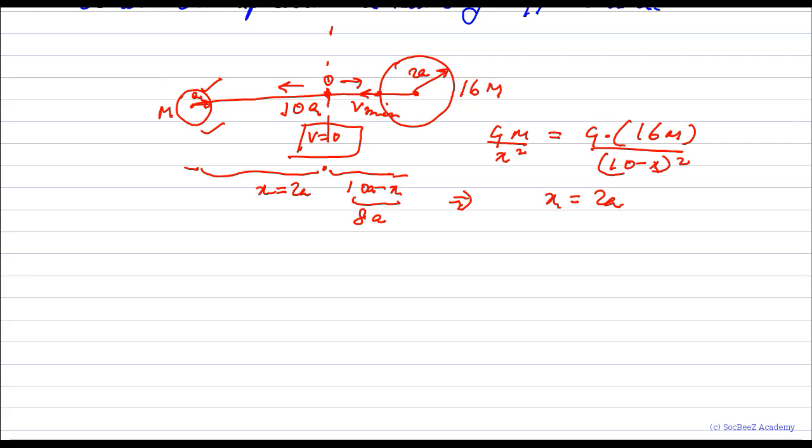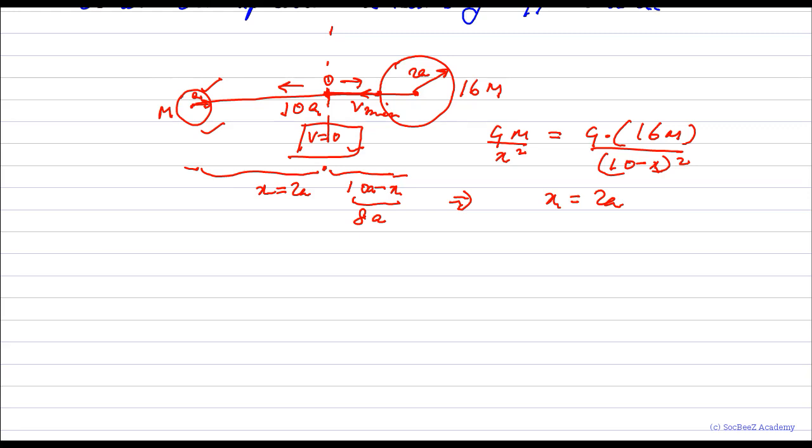At point O, the particle has only potential energy, no kinetic energy, since v is equal to 0. This whole motion, from the surface of the larger star up to this point, was under the influence of conservative forces, which implies that my net mechanical energy is conserved.